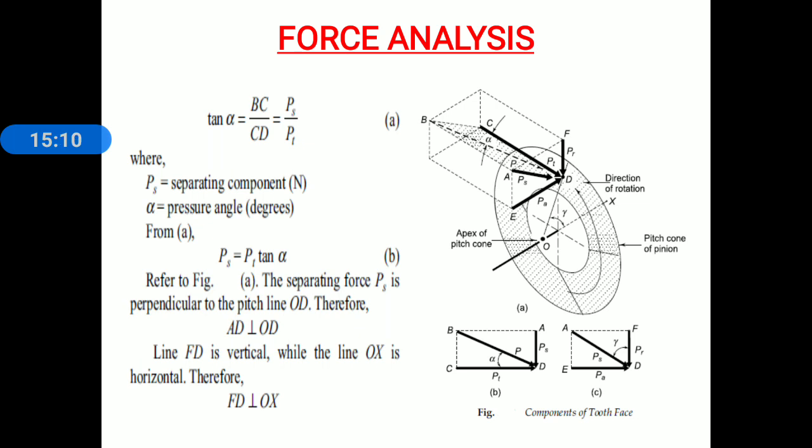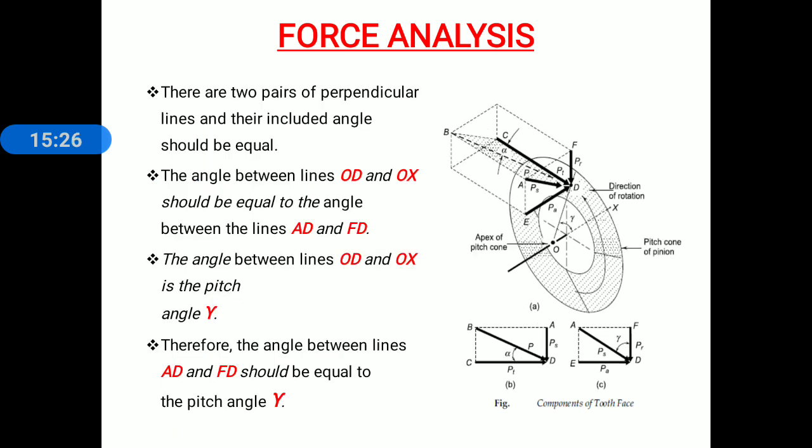Line FD, observe the line FD, that is in figure A. Line FD is vertical while the line OX is horizontal, and therefore FD perpendicular to OX. There are two pairs of perpendicular lines and their included angle should be equal.